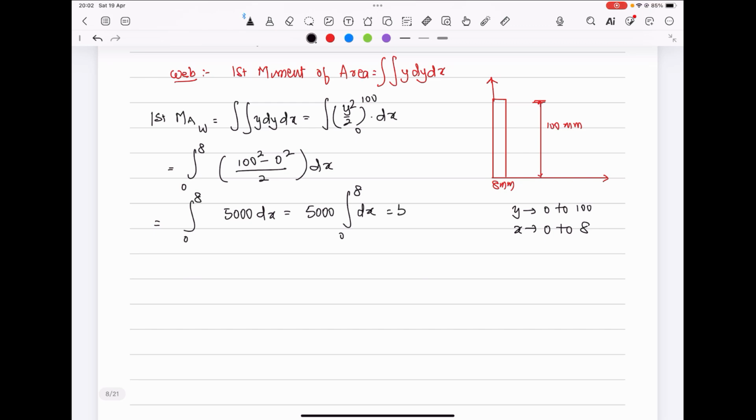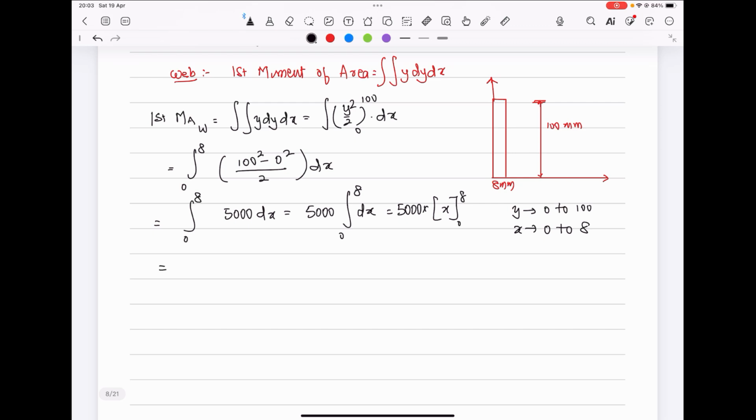Then that will be 5000 into x varying from 0 to 8. When the lower value is 0, that value will be 0. Then when the upper value is 8, we will put 8 as the value.